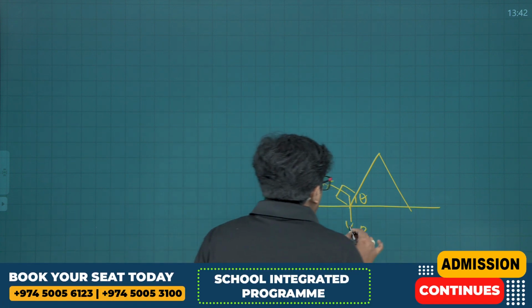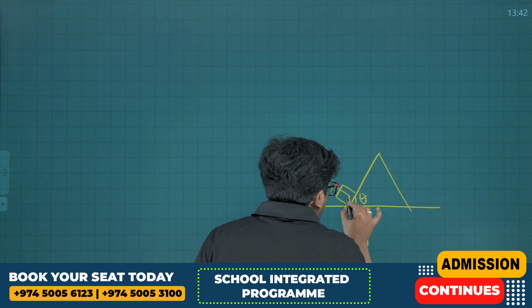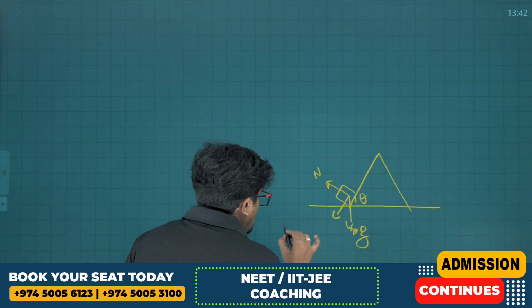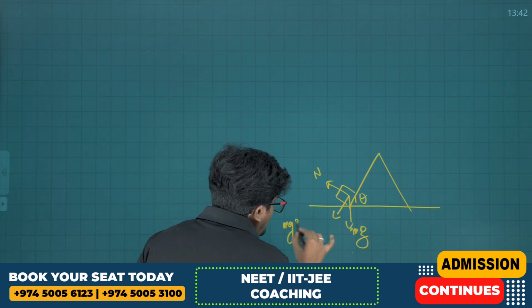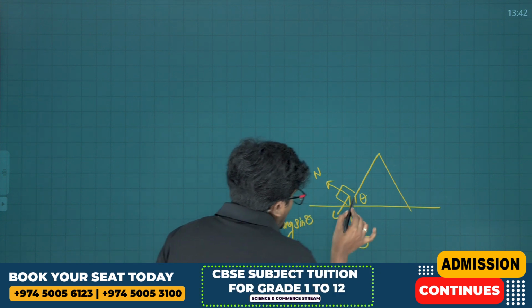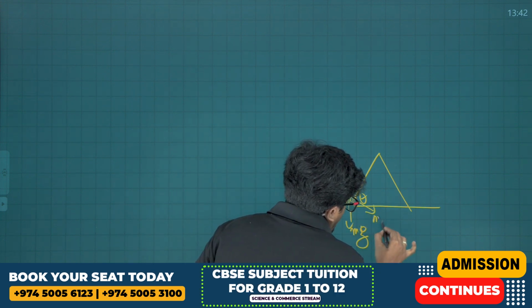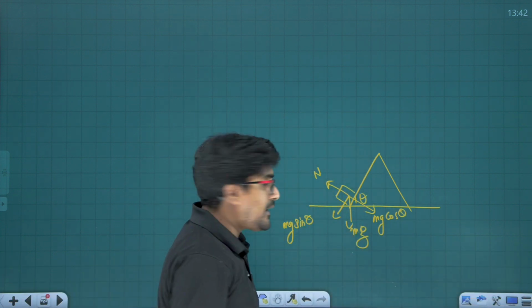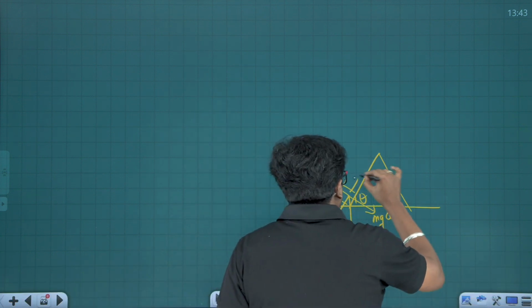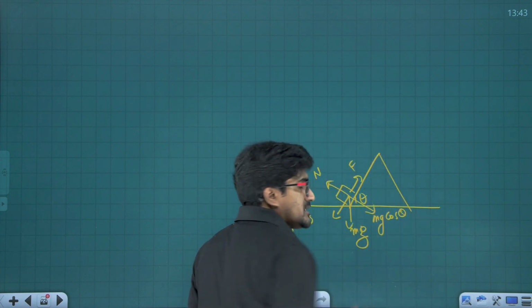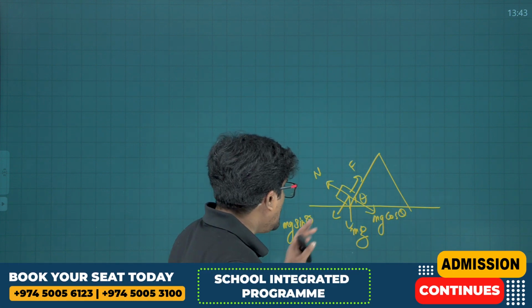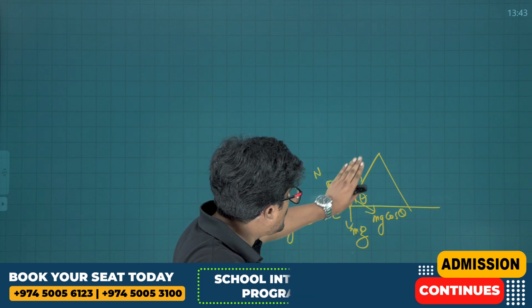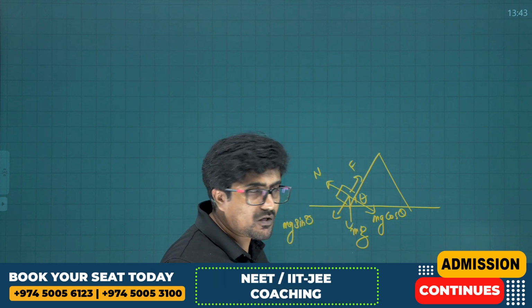If we want to move this with a constant velocity, this is going to have an mg sin theta component here and an mg cos theta component here. Definitely we must have force F in the upward direction by somebody. This is a case where it can move in the upward direction with a constant velocity.